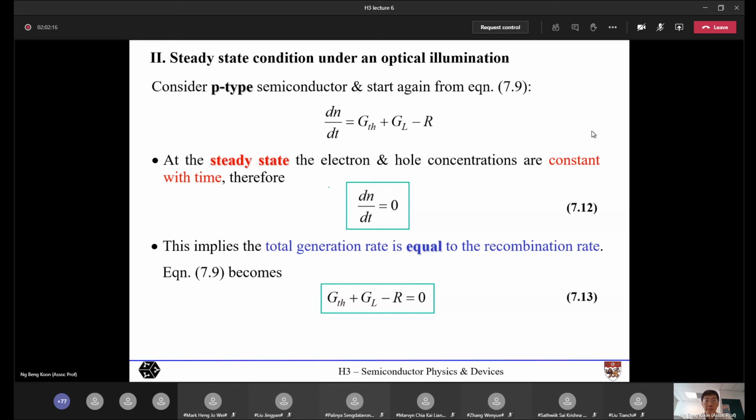So under this steady state condition, we can similarly write down dN dt equals to 0. You're not expecting the carrier concentration to change with time anymore. Okay, so if you set dN dt equals to 0, then you have GTH plus GL minus R equals 0. And GL in this case is non-zero, right? Because you have optical illumination, you have light shining on the semiconductor.